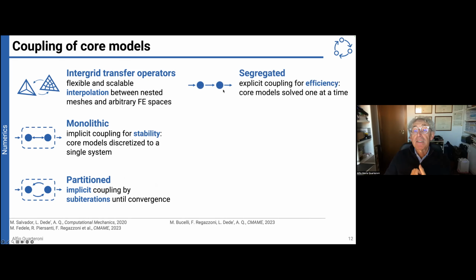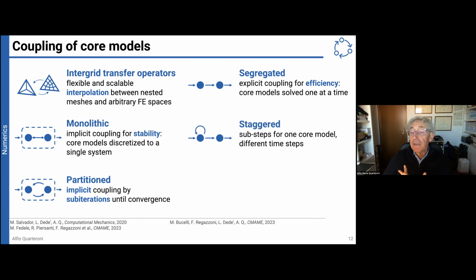Another possibility is that you do not subiterate, but you solve first one process and then the other, and then the other. And then you can use, as was mentioned before, different time steps for the different processes. So you have to make different time steps on a single process before moving on to the other process.